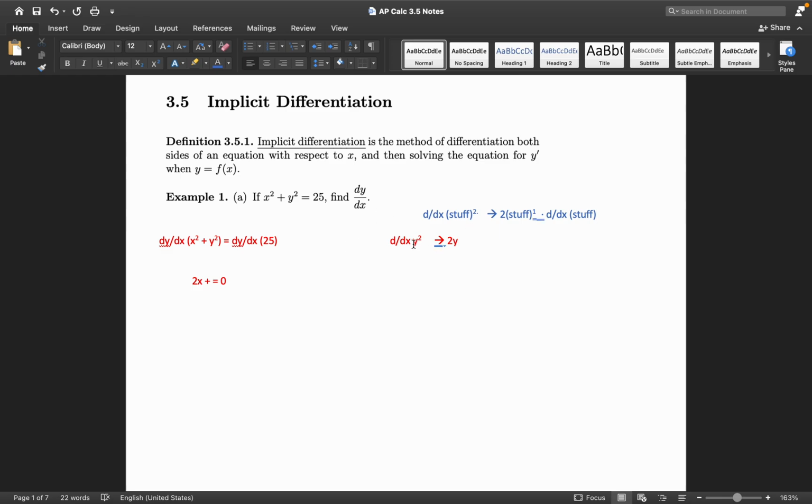Same process, 2 times y, but because it's a different variable than x, and I'm taking the derivative with respect to x, and it is not x, we have to multiply this chain rule style times the derivative of y.